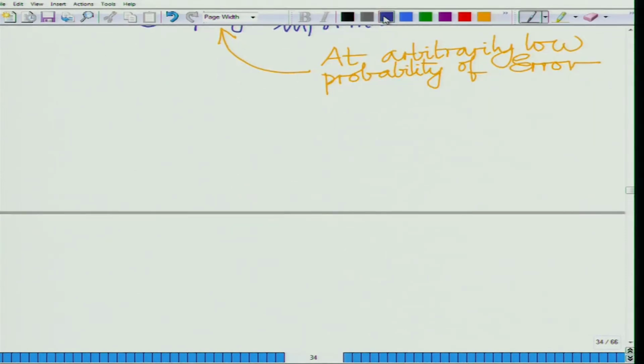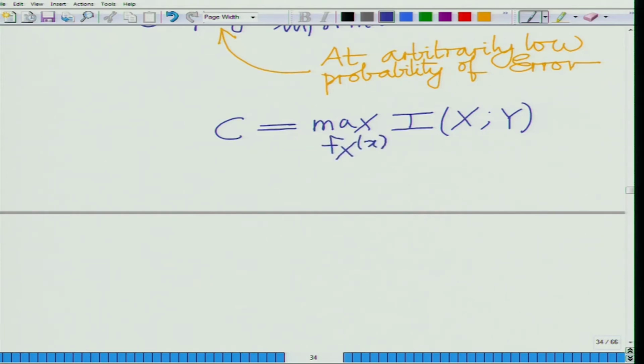We have seen that the capacity, from the fundamental result by Shannon, is given as the maximum of the mutual information, which is still valid here, and the maximum has to be over the input probability density functions, that is, we have to maximize this mutual information over input distributions.